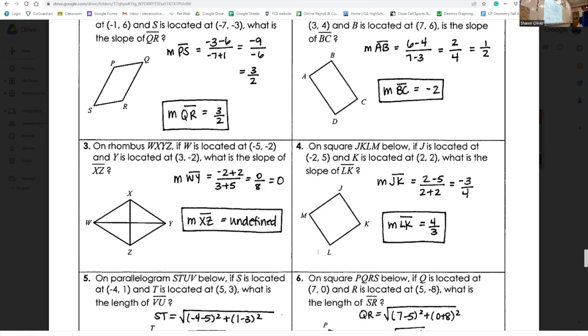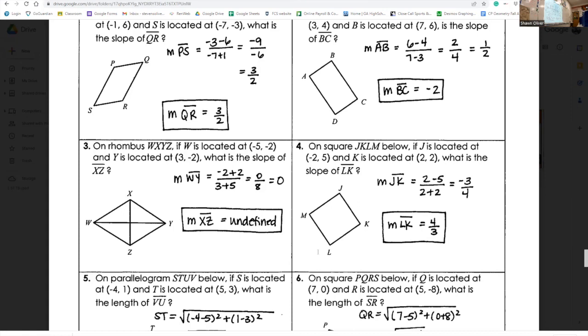Is parallel the only one that isn't the opposite, or not a parallelogram? No, because the vertices of a rhombus aren't 90. It said that the slope is equal.